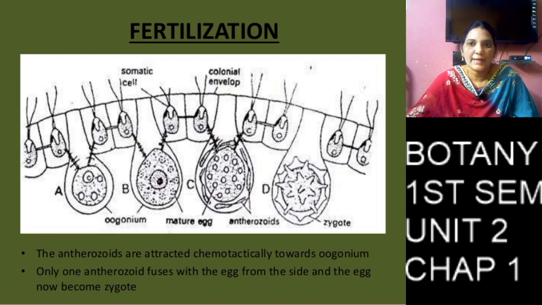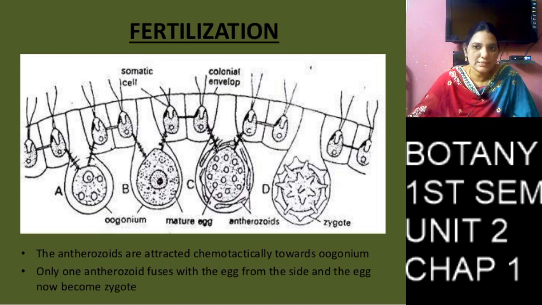The male gamete fuses with the female gamete and they form one zygote. The zygote is in diploid stage, so it undergoes meiosis and is divided into 4 cells, 3 cells disappear and only one cell converts into a zoospore.